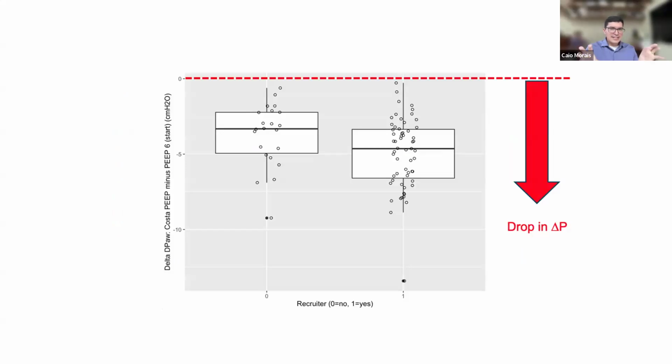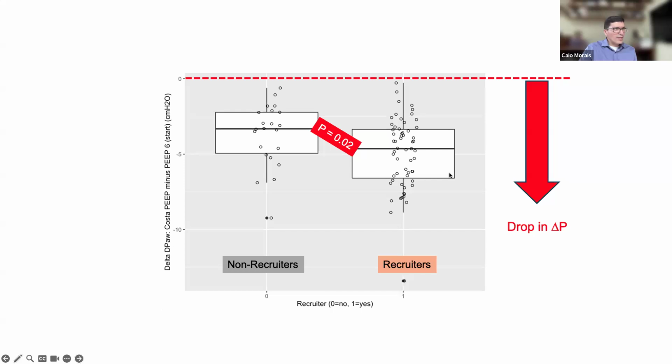And this distinction of patients with high recruitability and low recruitability affects the effect of driving pressure. We can have a more significant reduction in driving pressure when we decide to recruit patients that are recruitable, right?